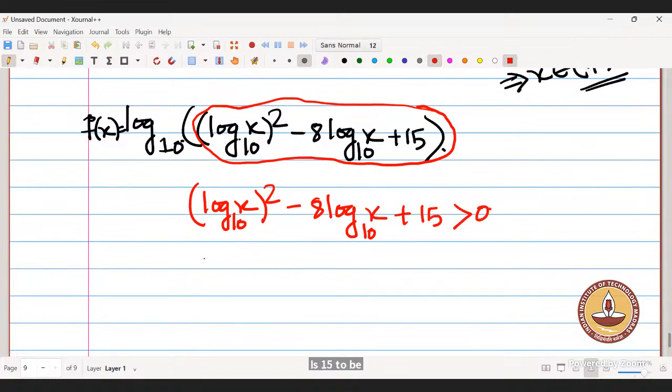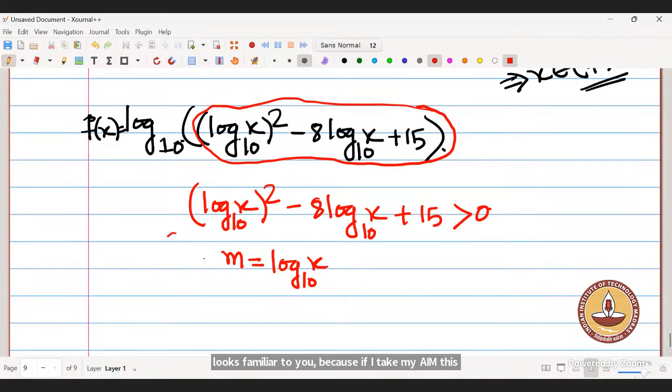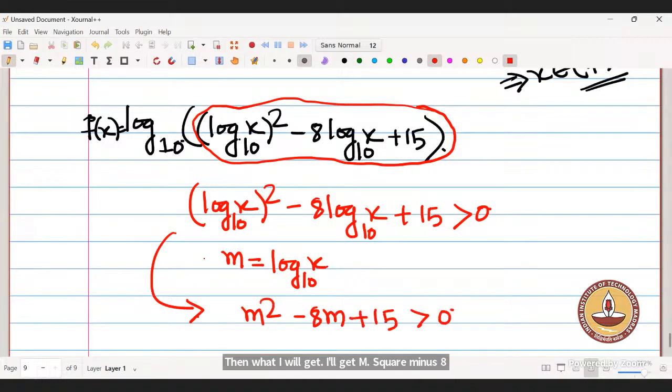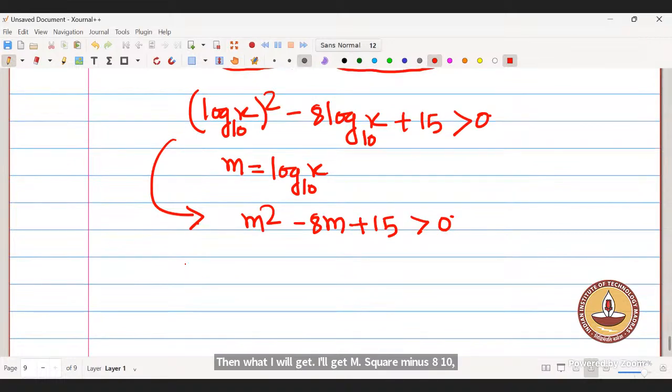Okay, so certainly this expression looks familiar to you, because if I take this log 10 x to be m, then what will I get? I will get m squared minus 8m plus 15 to be greater than 0, right? And what are the roots of this equation? Three and 5.